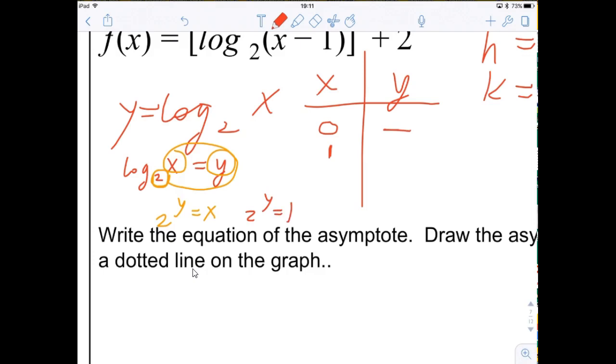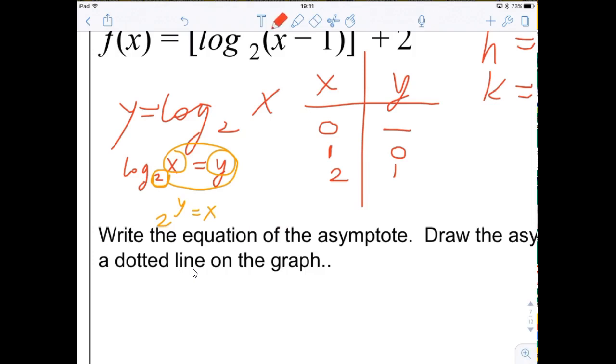Well, 2 to the 0 is 1, okay? Any number to the 0 is 1. What about if we had 2 here? Well, 2 to the what is 2? Well, 2 to the 1 is 2, right? Okay, and so that's enough for now.